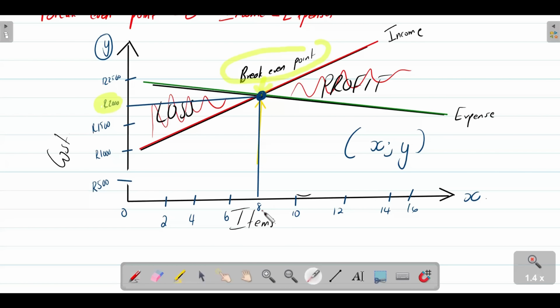So in this case, the x coordinate is what? You start from the x. What is our x coordinate there? It's 8. And then what is our y coordinate? We're on the y-axis. It's 2,000.